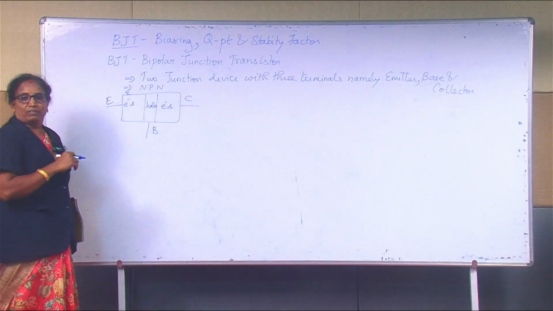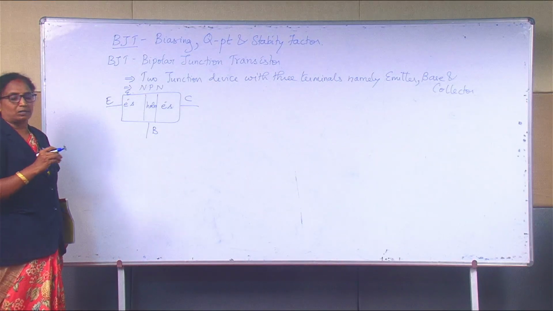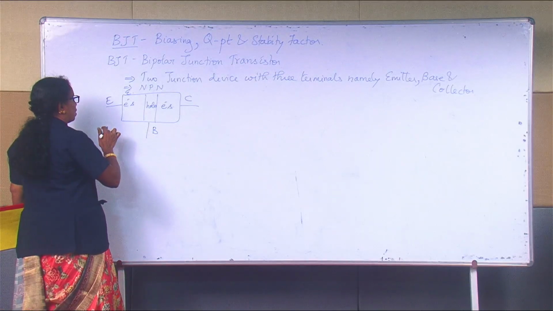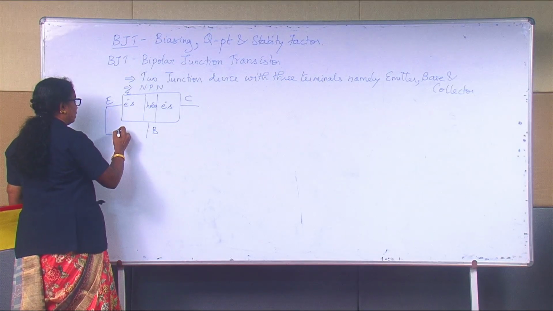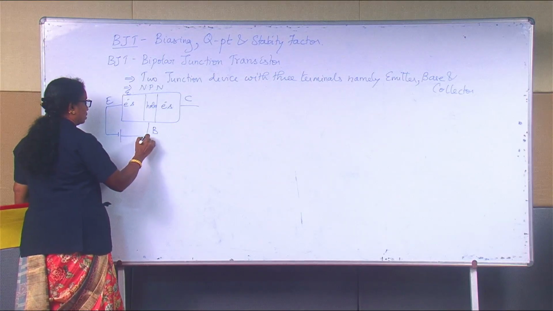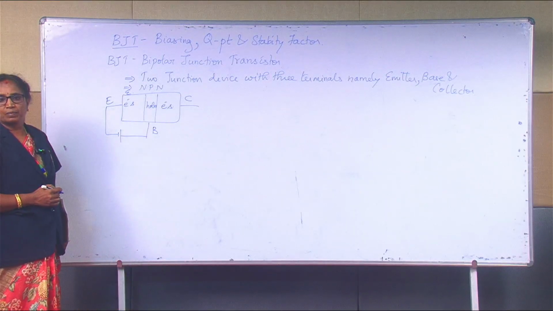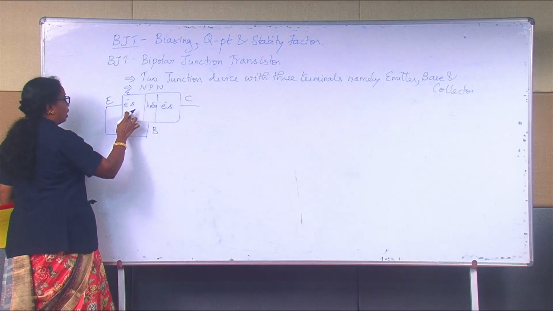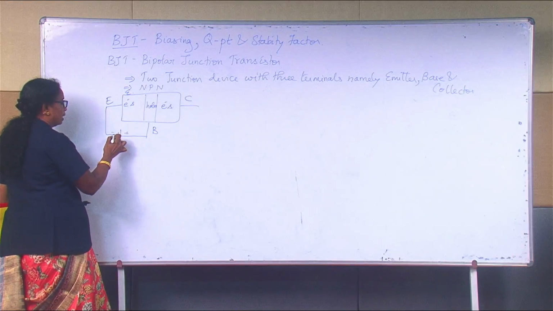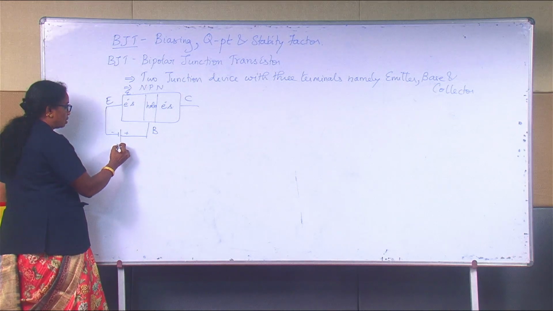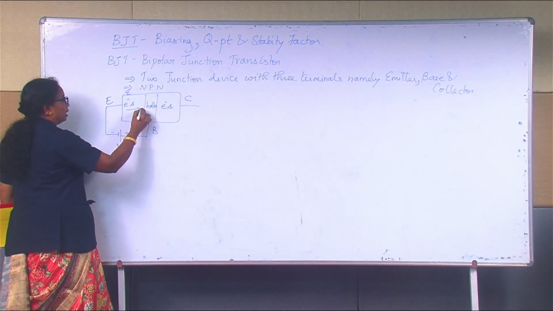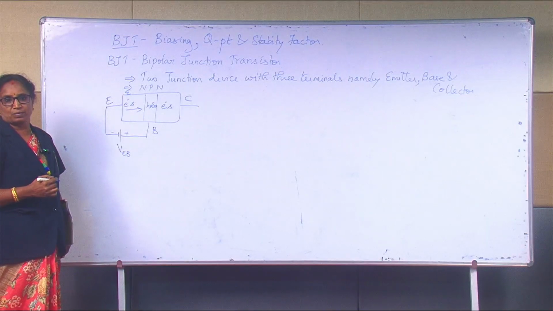So, let us see in short the operation of this NPN transistor. As this emitter base junction is forward biased, the electrons present in the emitter region will get repelled by the negative terminal of this forward voltage, so that all the electrons will move towards the base.